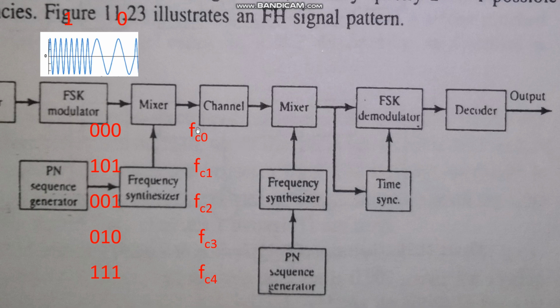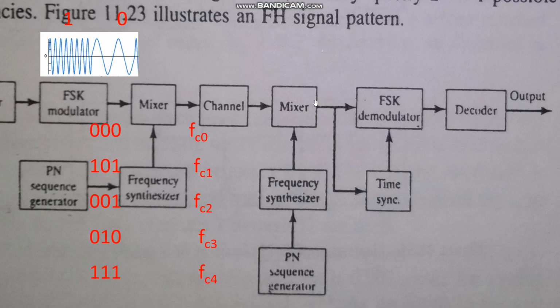The incoming frequency is now fc0 plus f0. This mixer will generate fc0 plus f0 plus fc0, and fc0 plus f0 minus fc0. It will allow only fc0 plus f0 minus fc0. That means fc0 and fc0 will cancel out. Only f0 will be there, and that f0 is this one, right?